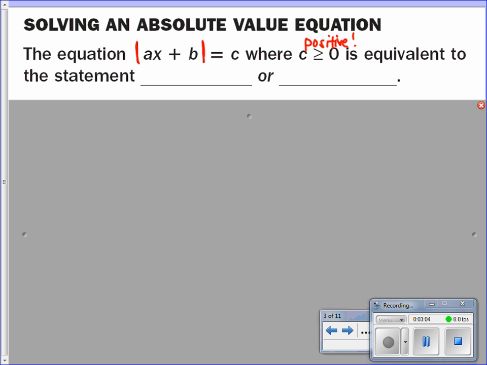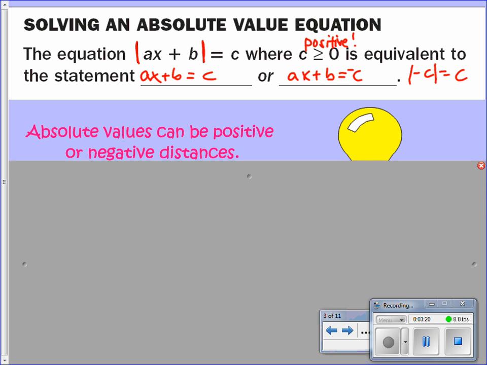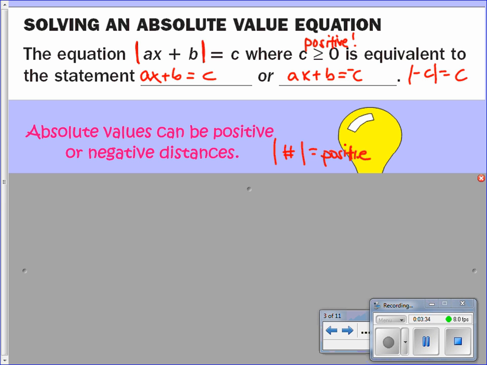That means that ax plus b equals positive C, or ax plus b could equal negative C, because if it's negative inside the absolute value, the answer would still be positive. So the number inside the absolute value sticks can be positive or negative, but it will equal a positive answer.